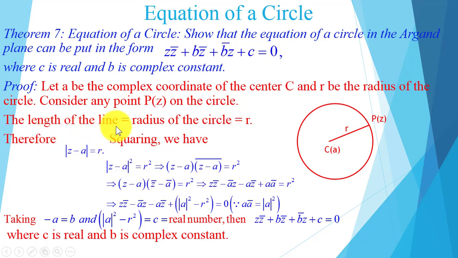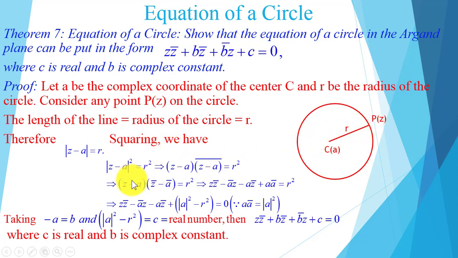The length of the line CP is equal to the radius of the circle, which is R. Therefore, modulus of z minus A is equal to R. Therefore, the distance between the center and the point P is R.